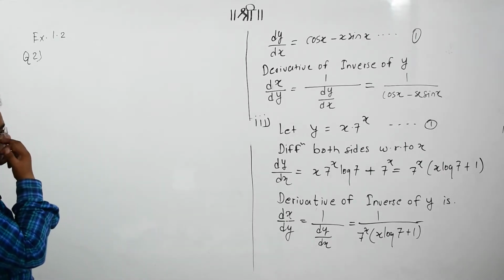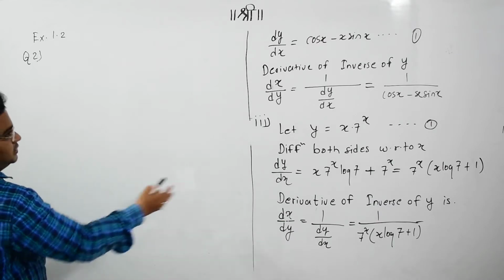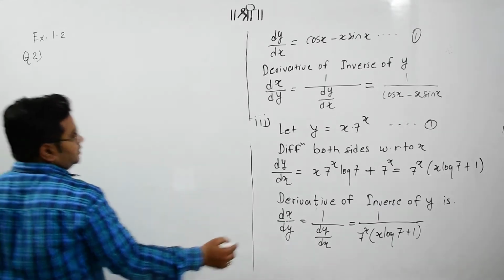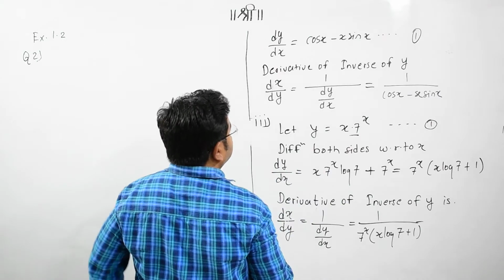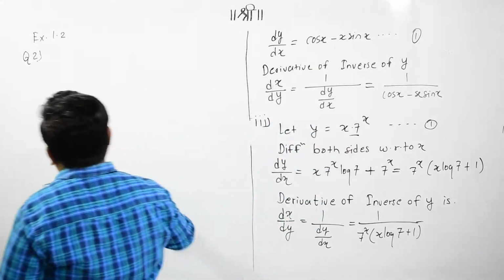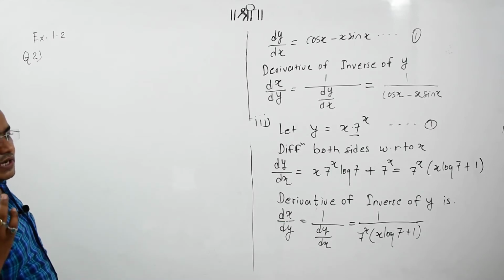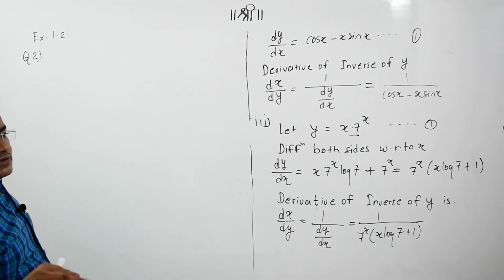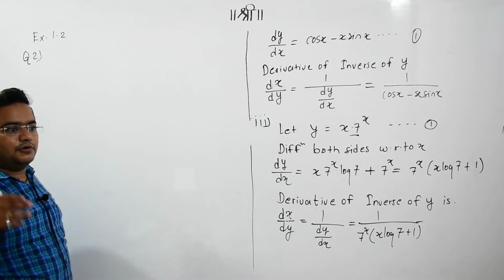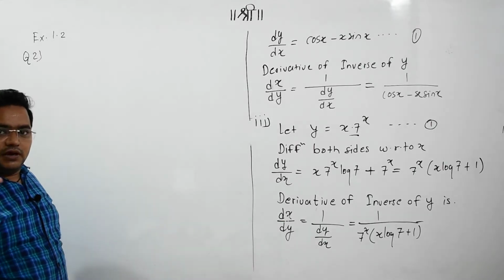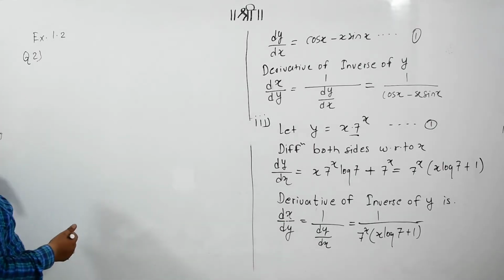That's why we are dealing with inverse functions. These are polynomials, this is an exponential function, and this is a trigonometric function. So trigonometric functions, logarithmic functions, exponential functions and inverse trigonometric functions, we need to find their derivatives by applying inverse function differentiation.